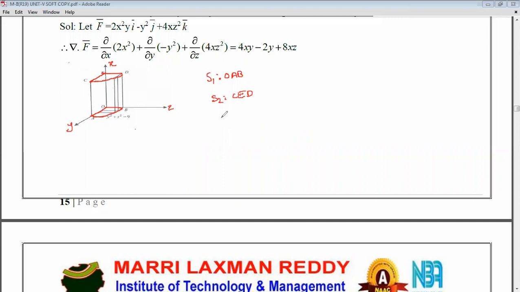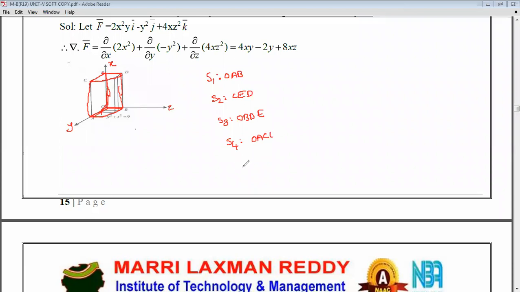And S3 is nothing but, suppose this is the one, so it is O, B, D, E. And S4 is nothing but this one, another face, that is S4 equal to OAC.